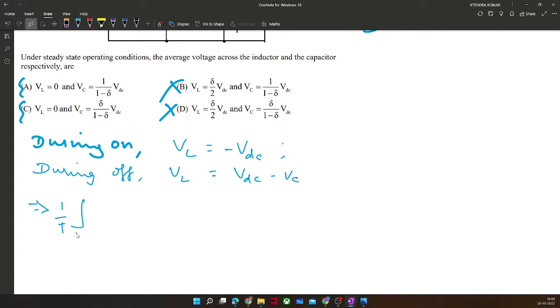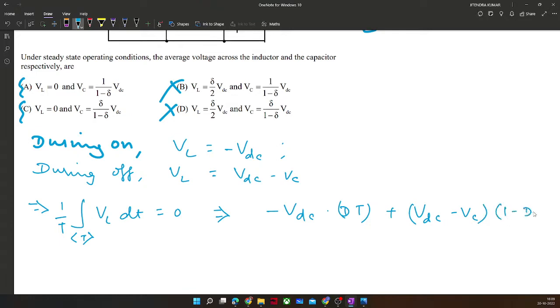1 by T integral of VL dt over a time period would be equal to 0. So that will lead to VL on, which is minus VDC, into T on, that is DT, plus VL off, VDC minus VC, into 1 minus D into T, is equal to 0.